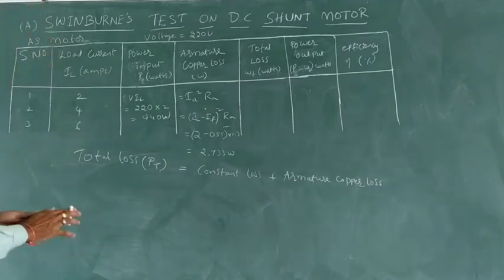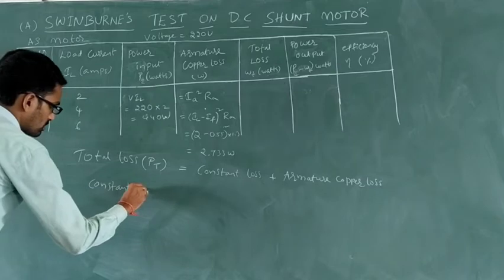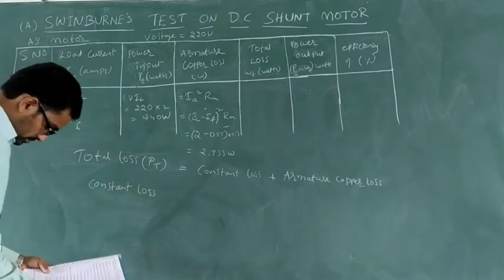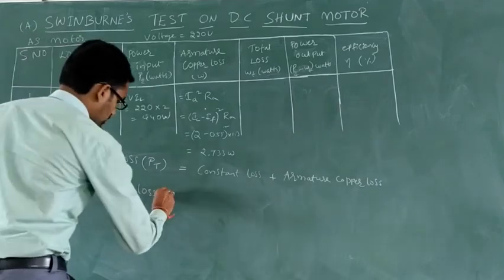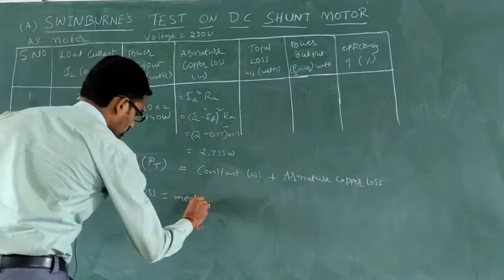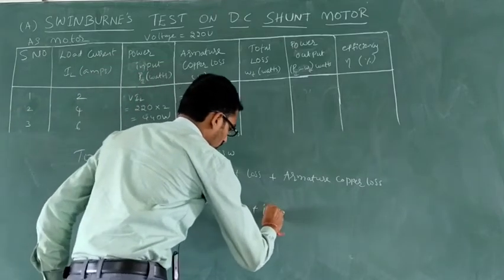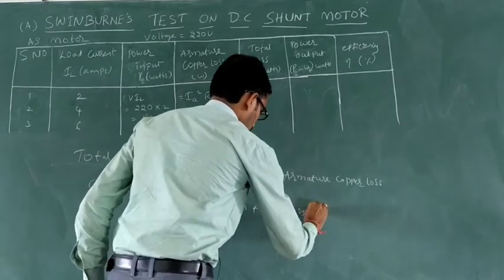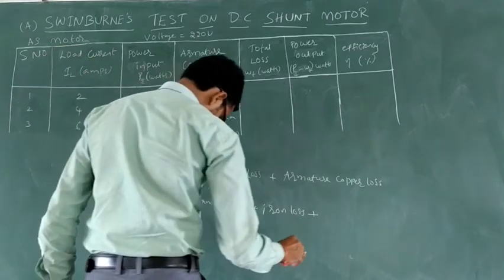So the constant loss here is nothing but mechanical loss plus iron loss plus field copper loss.